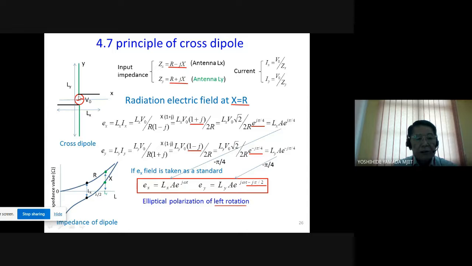The excitation is only at the center, with a vertical wire and a horizontal wire.